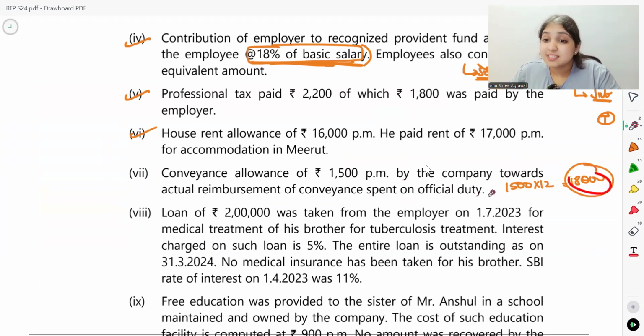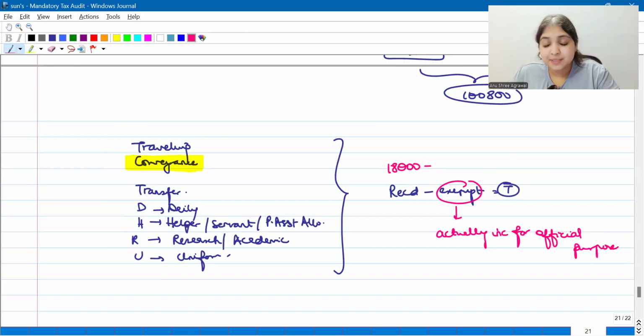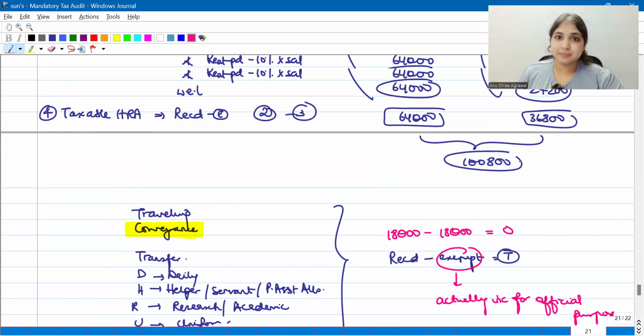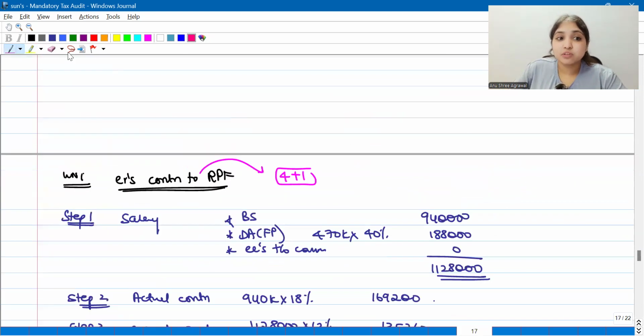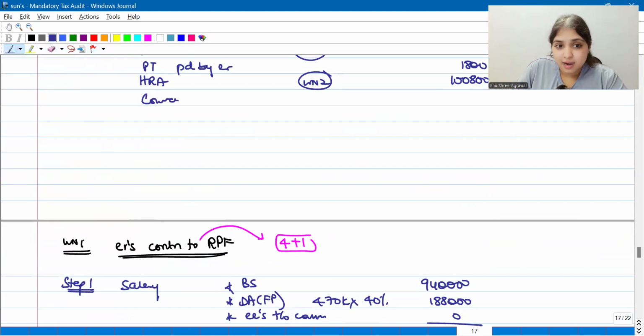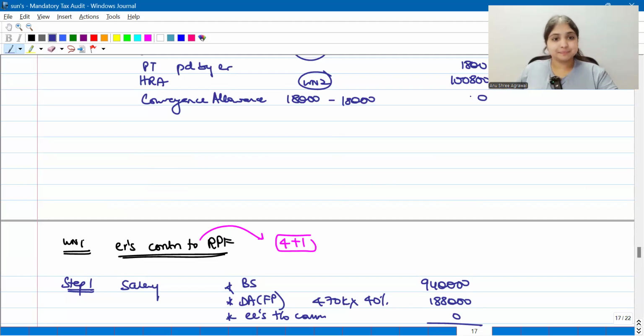So this amount is entirely spent for official purposes. So full 18,000 will be exempt. So nothing will be taxable. So when it comes to conveyance allowance, my assessee has received 18,000, and assessee has spent for official purpose full 18,000. So nothing is going to be taxable.